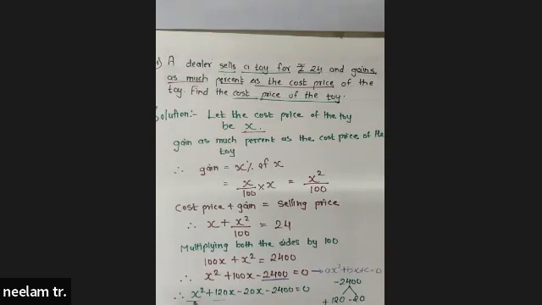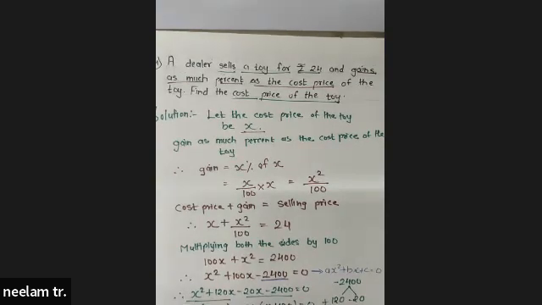Now these two, take out common. What is your common? X. Plus 120. And here 20, so x plus 120 is equal to 0. Okay. What are your two roots?